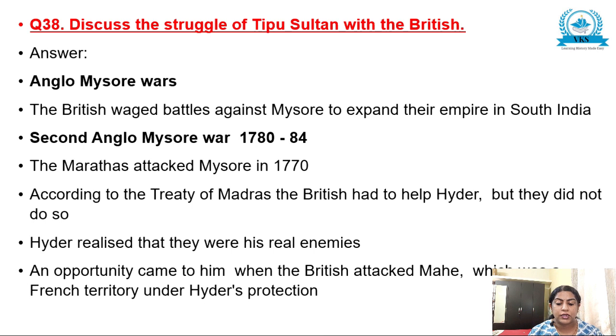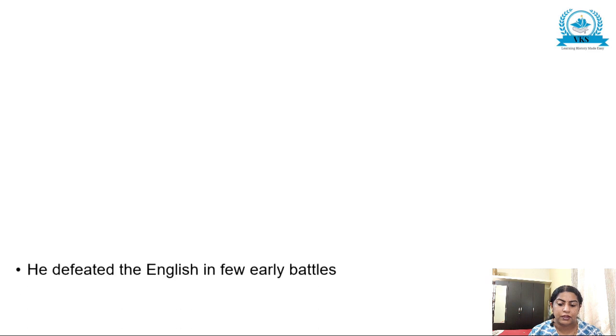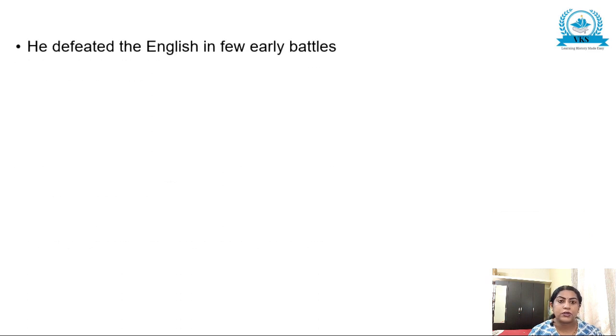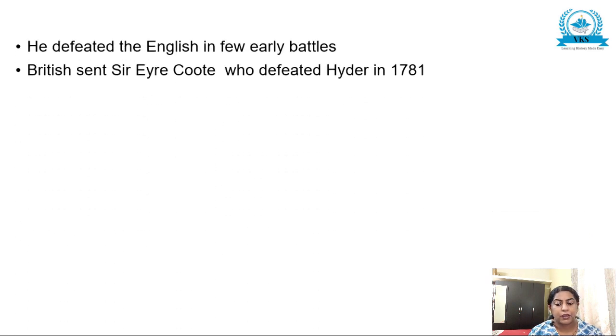An opportunity came to him when the British attacked Mahe, which was a French territory under Hyder's protection. Hyder declared war on the British in 1780. And he defeated the English in a few early battles. But the British sent Sir Eyre Coote, and he defeated Hyder in 1781.